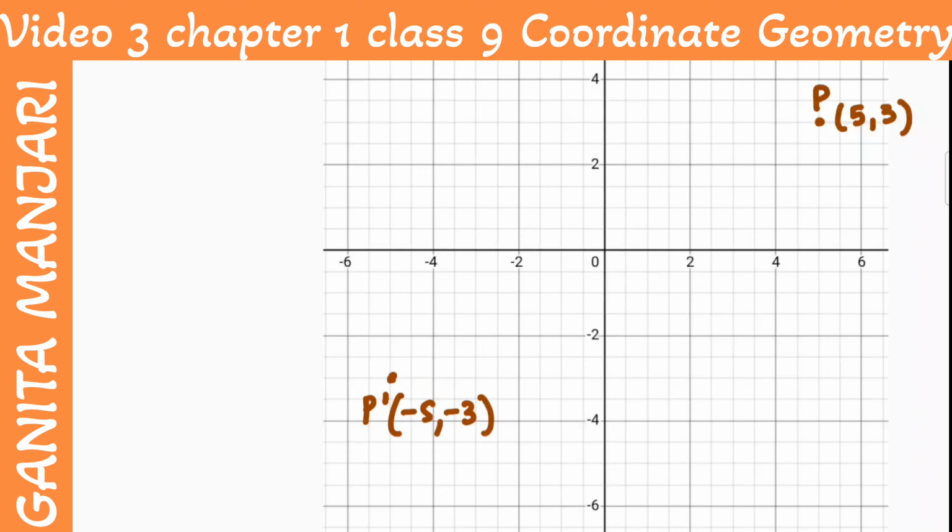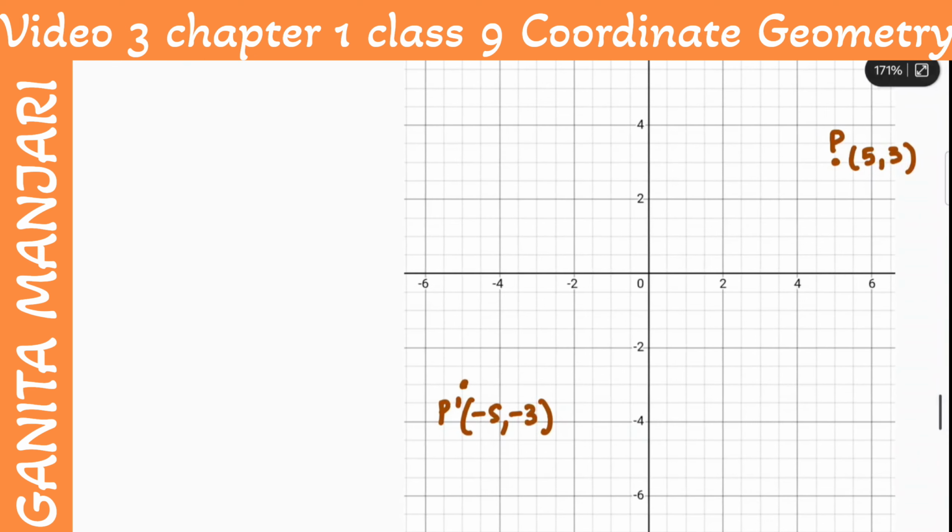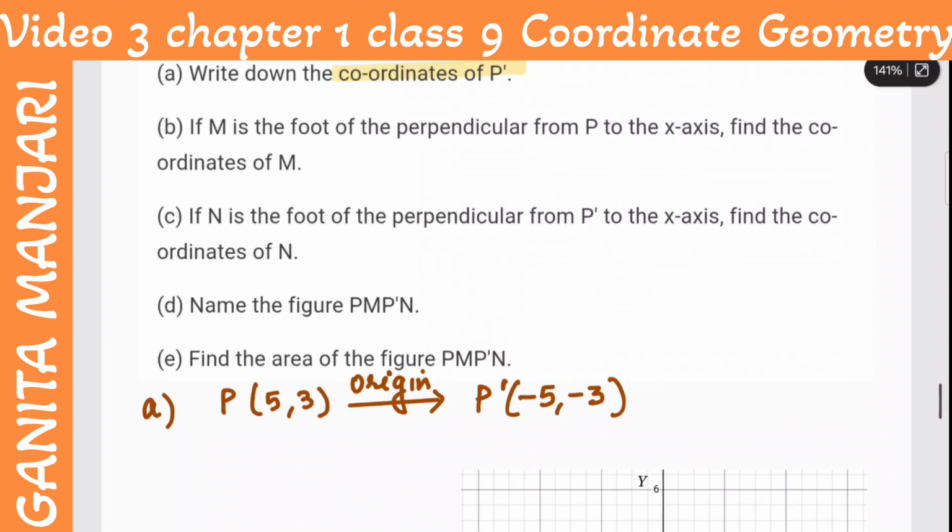Now the question is, if M is the foot of perpendicular from P to the x-axis, find the coordinates of M. So here P on the x-axis, this is drawn vertical. So this is the point M. So M is 5, 0. So the coordinates of M are 5, 0.